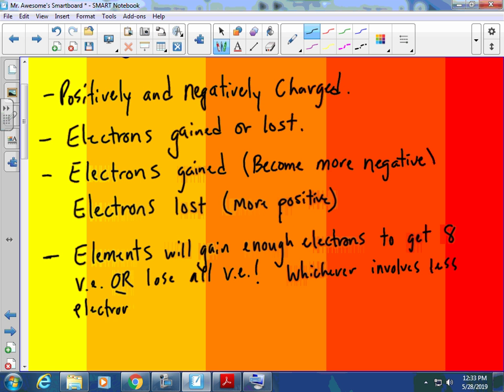And they're going to do whichever one is easier, which means whichever one involves fewer electrons.